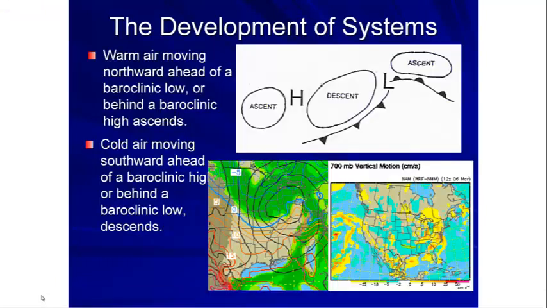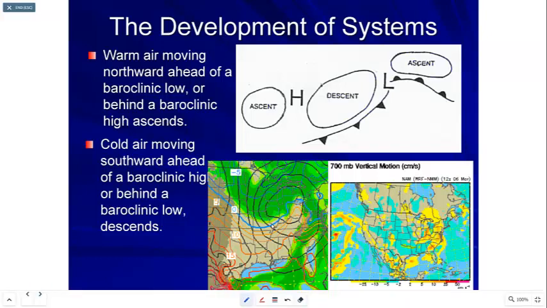So we have warm air moving northward ahead of a baroclinic low or behind a baroclinic high. Cold air moving southward ahead of a baroclinic high or behind a baroclinic low descends. What I've shown you here is strong warm air advection out ahead of this particular system, and in the yellow, that is ascending air.